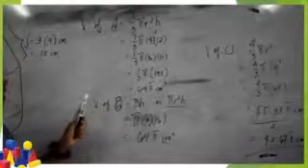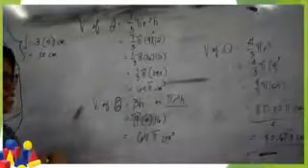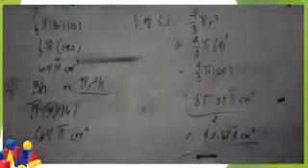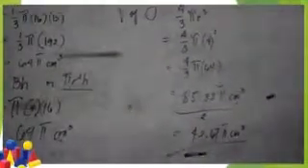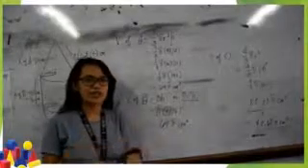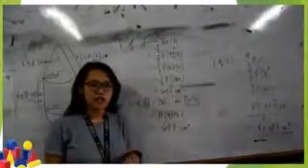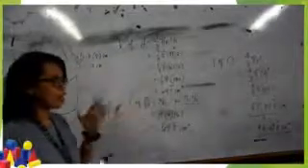So the volume of the cone is 64 pi centimeter cube, the cylinder is 64 pi centimeter cube, and the volume of the hemisphere is 42.67 pi centimeter cube. But it's not yet the volume of the solid figure, because in finding the volume of a composite solid, we must add the volume of each solid.